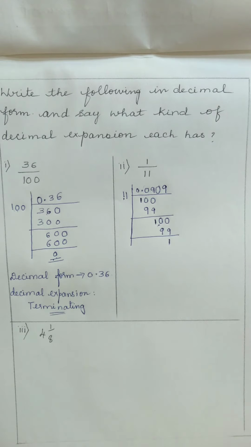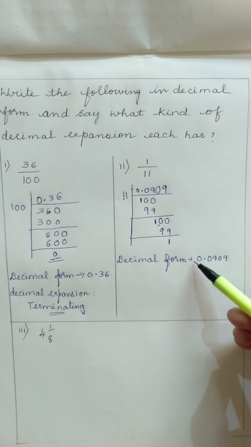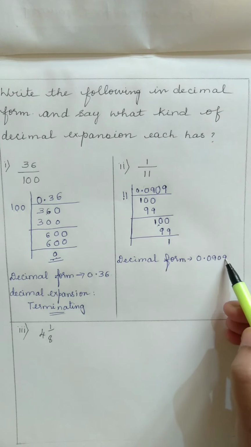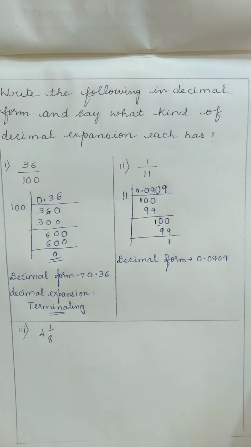The numbers go on repeating, that is recurring. We call such a decimal expansion non-terminating recurring. So the decimal form is equal to 0.0909. The number 0909 goes on repeating and it is recurring.